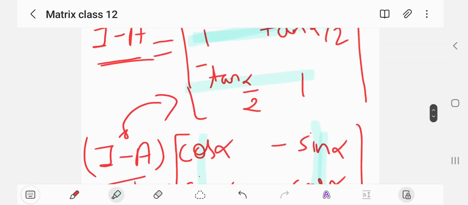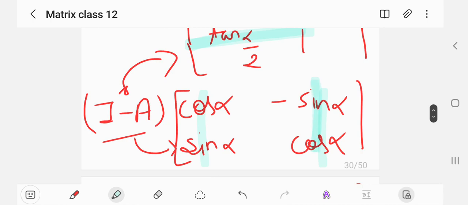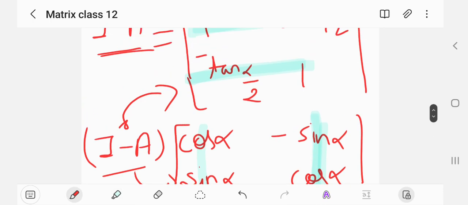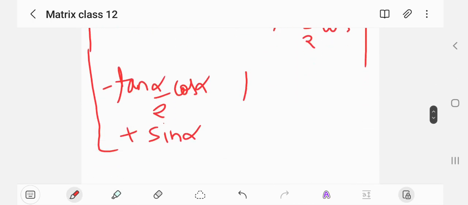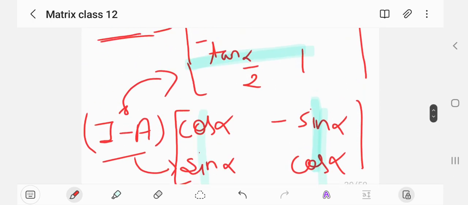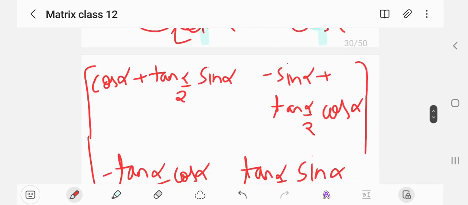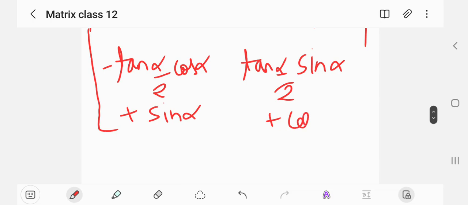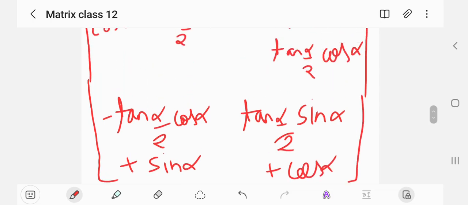Now I will multiply this row with this column. What do I get? I get tan alpha by 2 into sin alpha, plus cos alpha. This is what I will get.